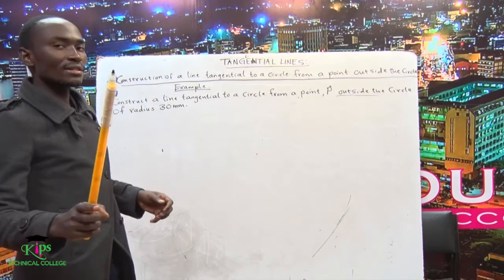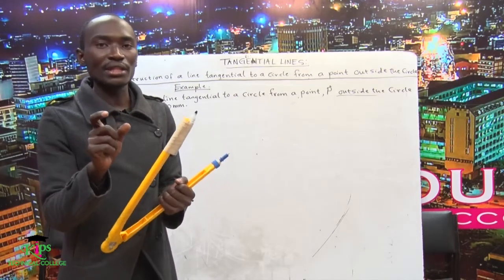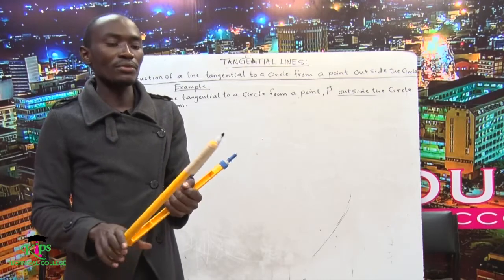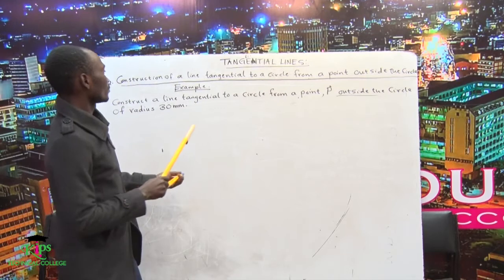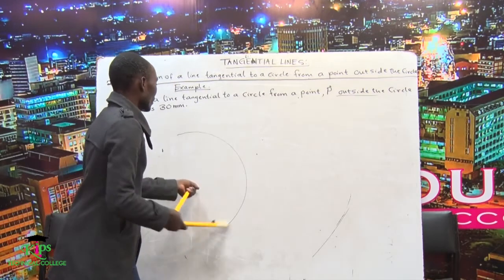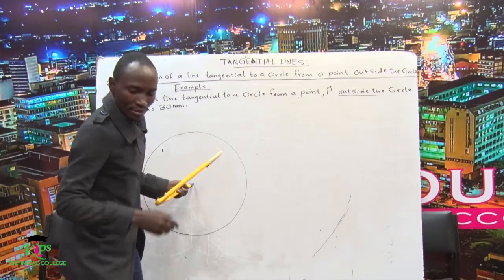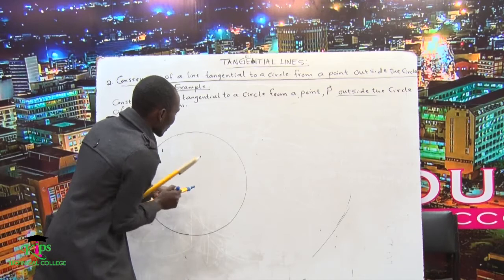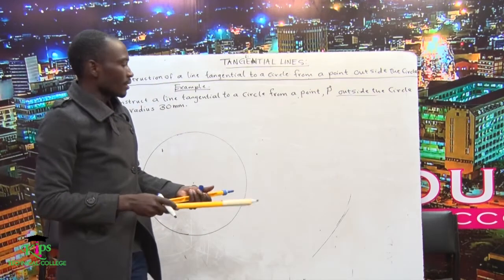Then you'll adjust it to a radius of 30 millimeters, which is 3 centimeters from your ruler. You will measure 3 centimeters. Now, you will draw a circle like this. This is the center, which is center O.